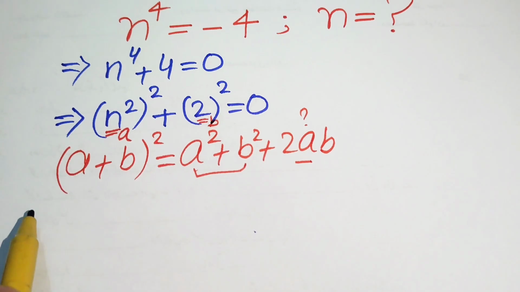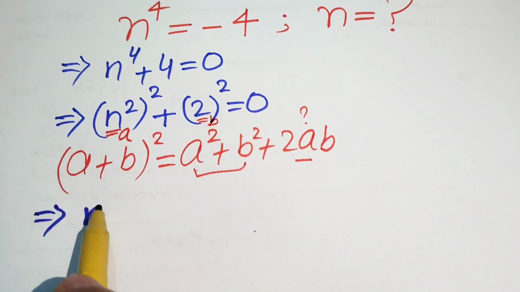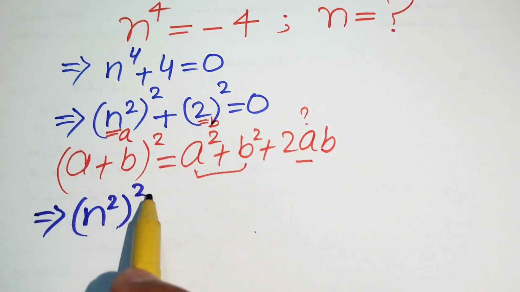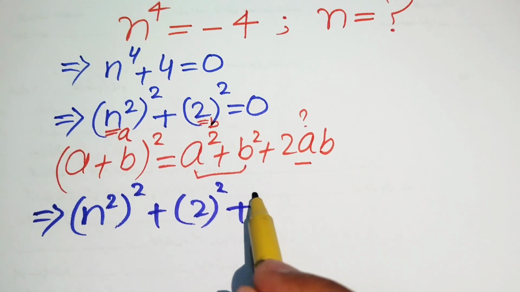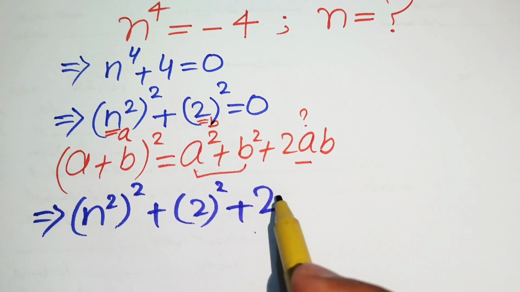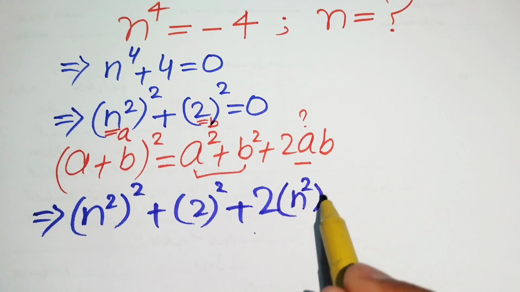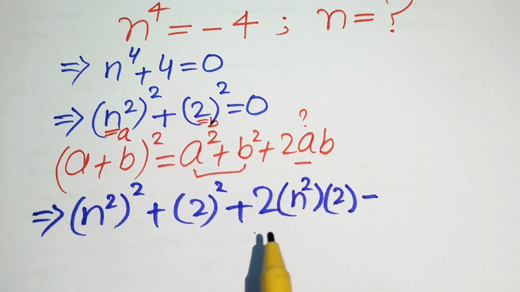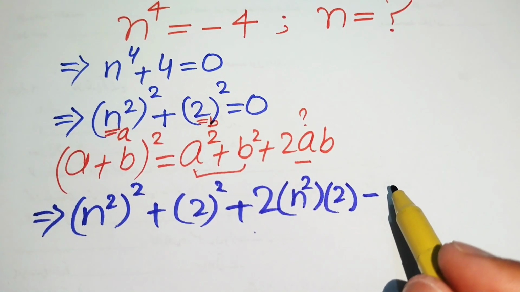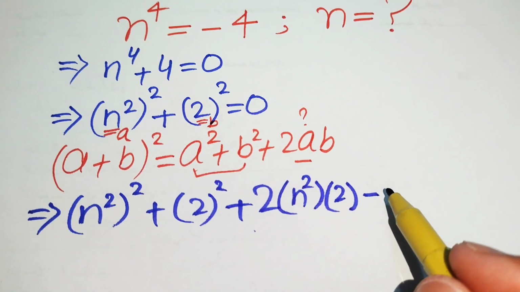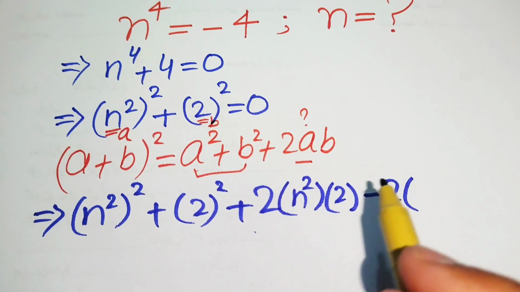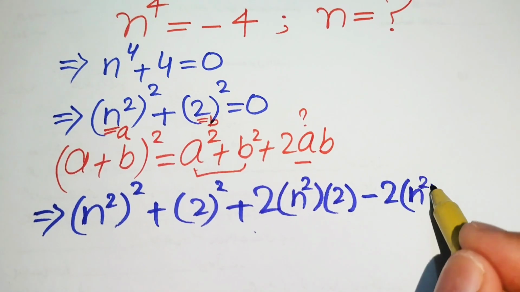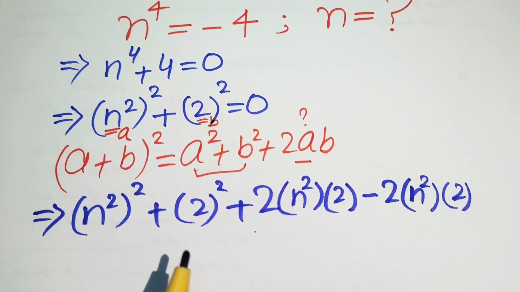So we have n square and its whole square plus 2 square plus 2 times of ab. So here our a is n square and b is 2, and we subtract this one as well. So we have minus 2 times of n square, a is n square and b is 2.